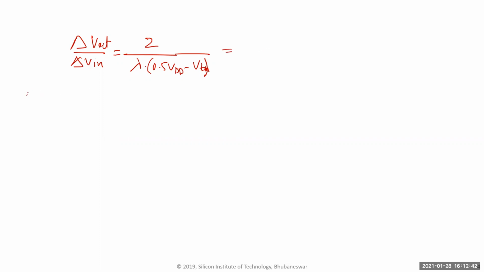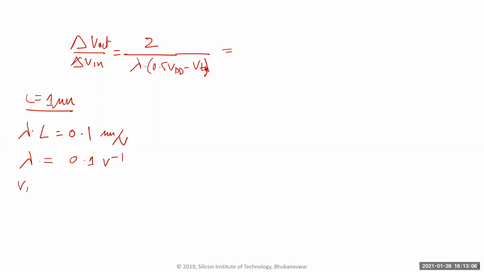So let's take L equals 1 micron just for the sake of this problem. So we said lambda times L is 0.1, which means 0.1 micrometer per volt. So lambda for 1 micron length would be 0.1 volt inverse. Okay, 1 over volt. So that's the unit for lambda, volt inverse.